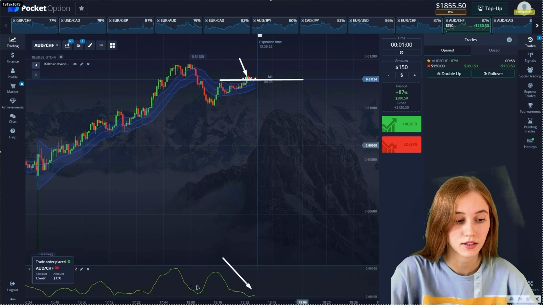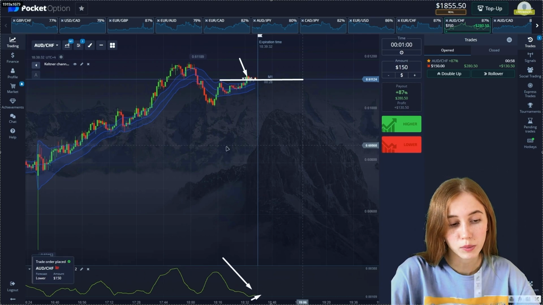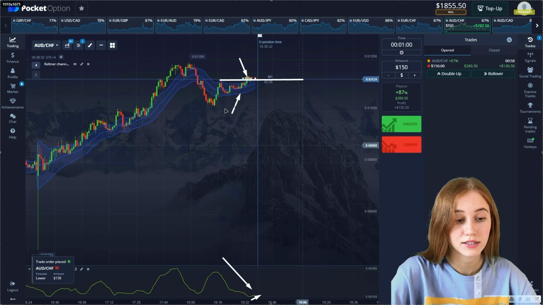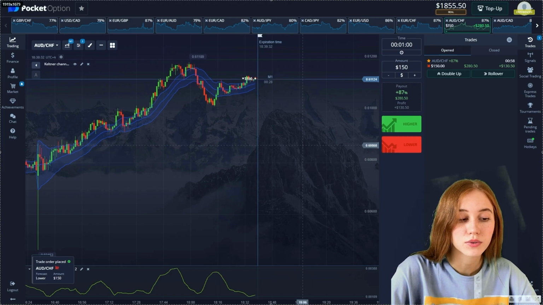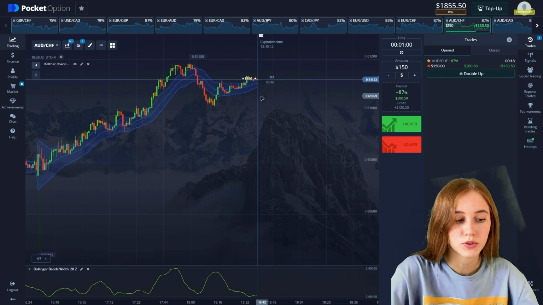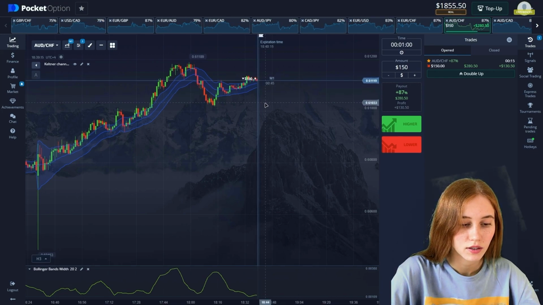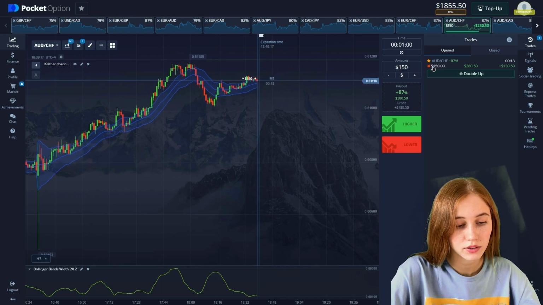It will probably grow, but still it's low. And due to the fact that the market is growing very slowly, we have also approached the resistance level, and we go up and down.